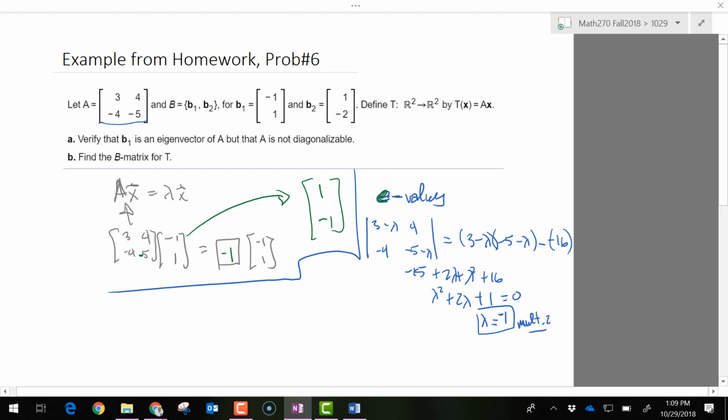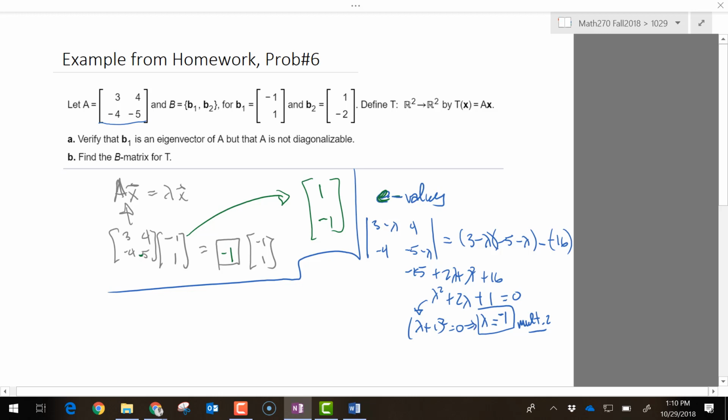We found one eigenvector already. Let's see if we can find another eigenvector. We can't, because this is lambda plus 1, quantity squared.